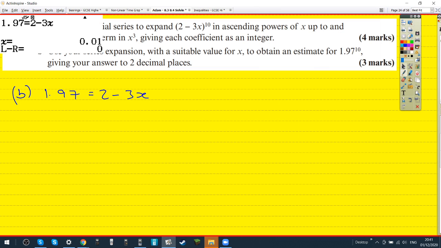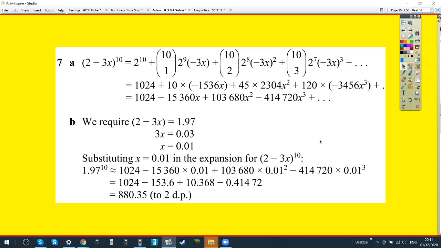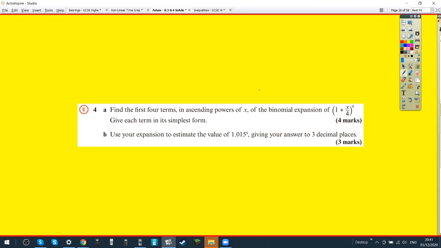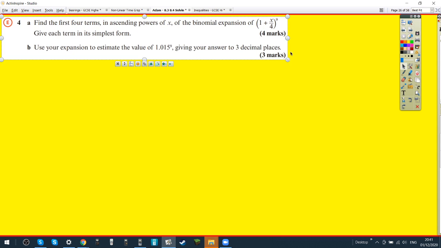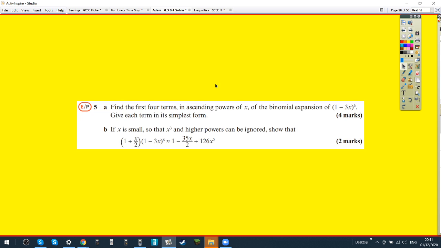Did you get 0.01? I haven't done it. All right. There we go, x is 0.01. Yeah, I just noticed that this one looked a bit more complicated, but it's not. It's exactly the same. Same idea. 1 plus x over 4 is equal to 1.015, but it's all the same to the calculator. Yeah. That's the beauty of it.